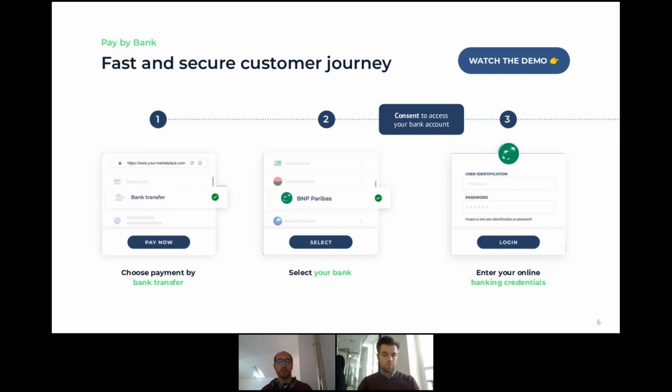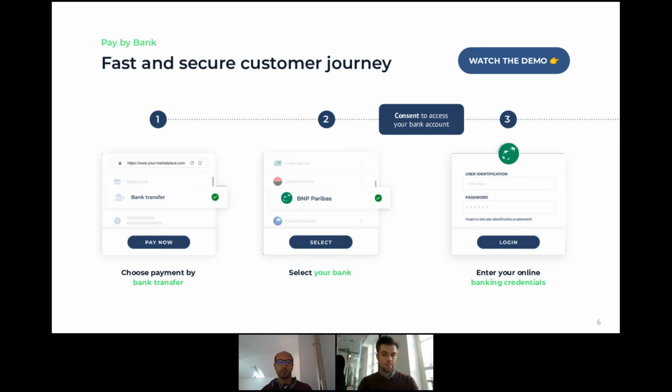The first box on the left part of the screen is your environment, your website, your marketplace. The customer is going to select bank transfer with pay by bank options. Then the next step, the customer is going to be offered the choice of his bank, because the banks need to be connected.